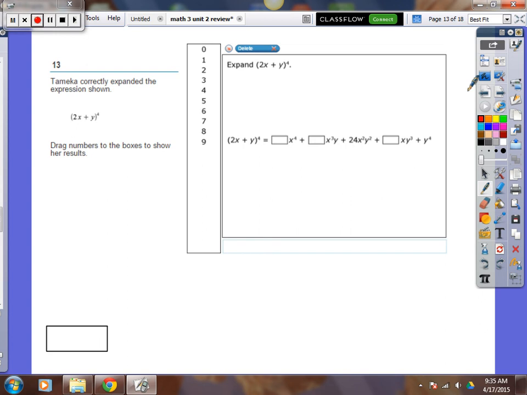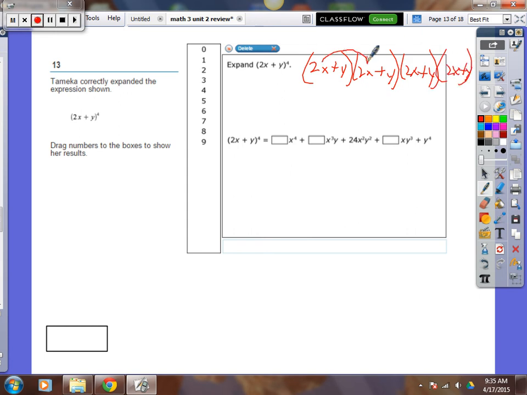Okay, 13. If you expand this, then 2x plus y to the 4th is the same thing as 2x plus y times 2x plus y times 2x plus y times 2x plus y.